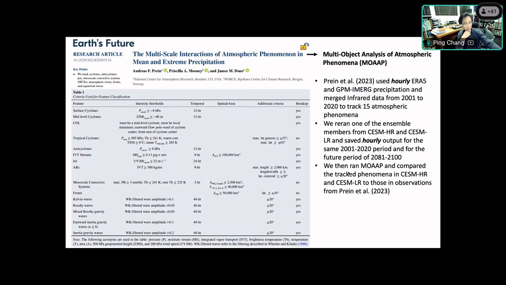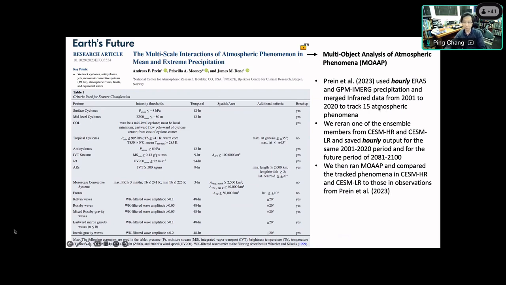All the phenomena are listed in this table: surface cyclone, mid-level cyclone, cutoff lows, tropical cyclone, anticyclone, jets, ARs, mesoscale convective systems, and then all the fronts and all the equatorial waves. Those are the potential phenomena that can give you extreme precipitation.